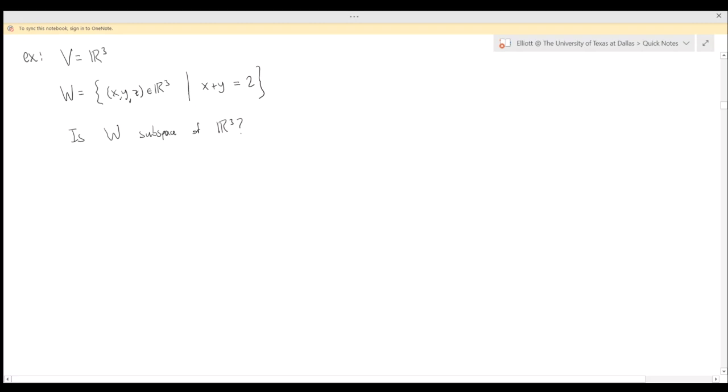What I'm going to do right now is look at the closure under addition.